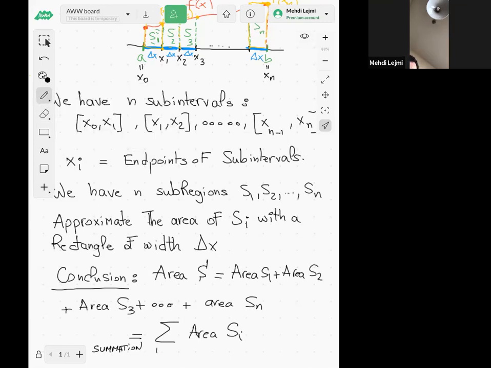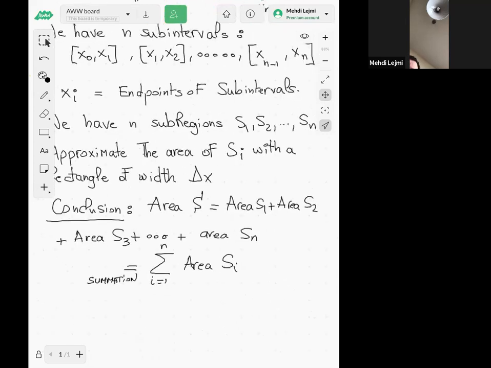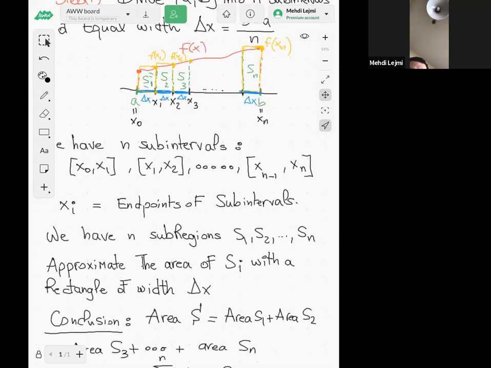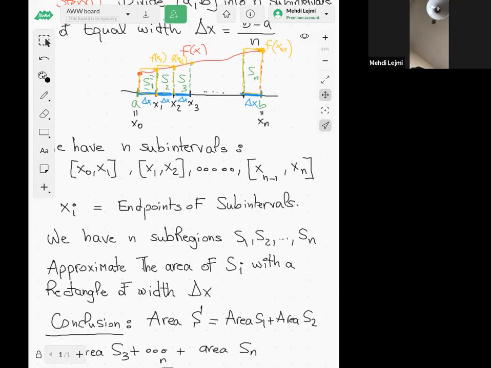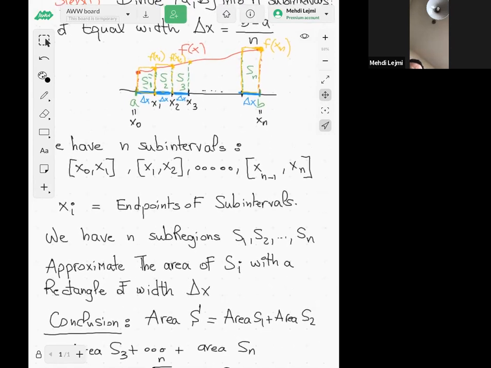where i goes from 1 to n, because we have S1, S2 to Sn. Now, as I said, each subregion Si is approximated with the area of the rectangle, delta x times f of xi.